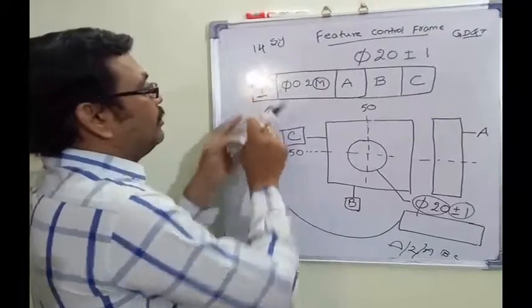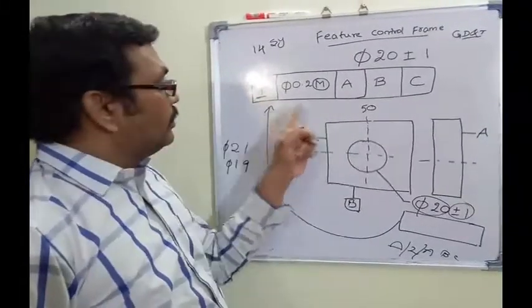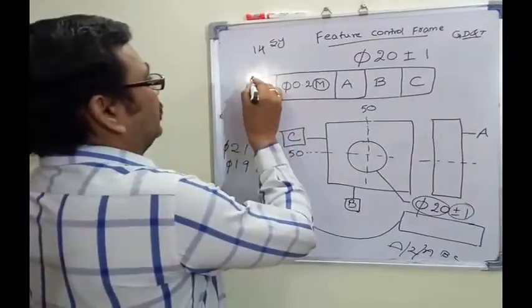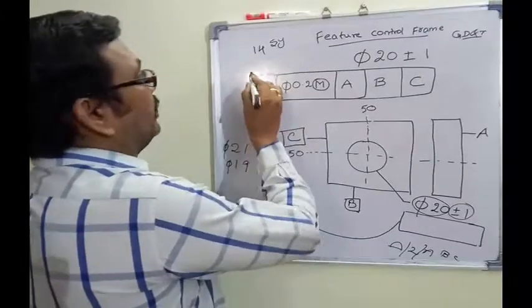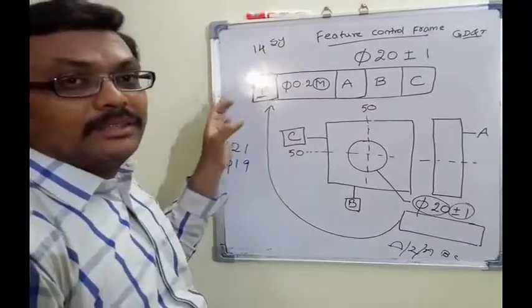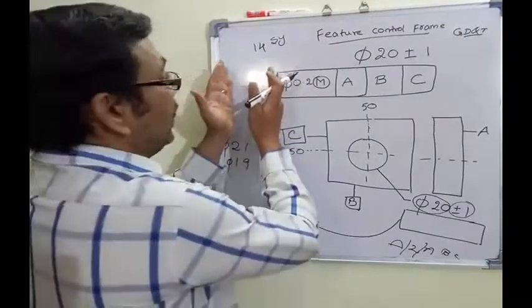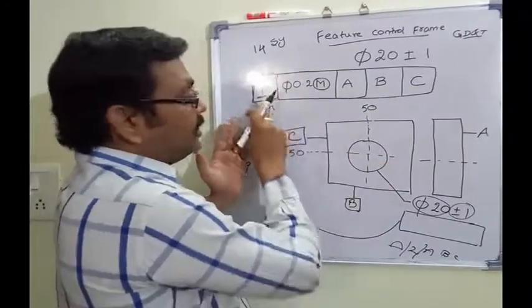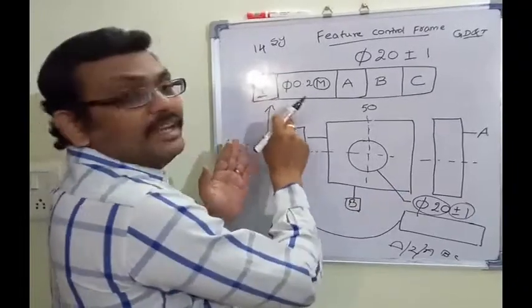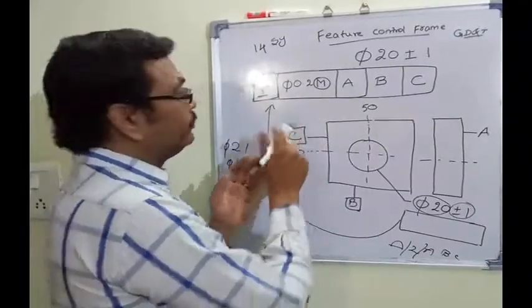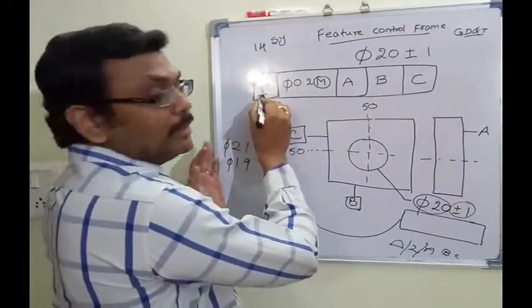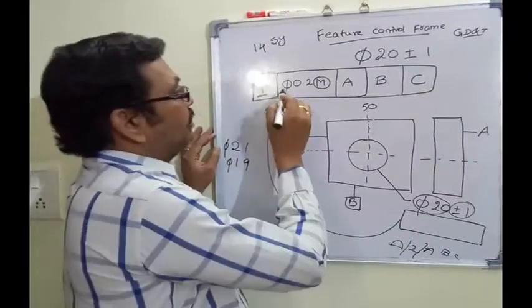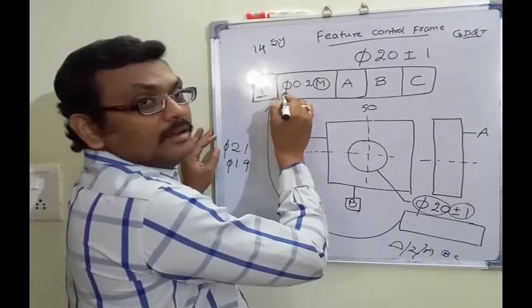This is the position. This box can be used for different symbols based on the application. This area, this location. Now we are taking a circular component and defining a position tolerance. This is the position symbol, right? This is the diameter.